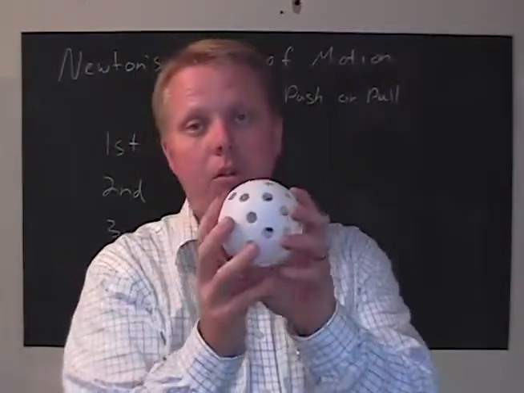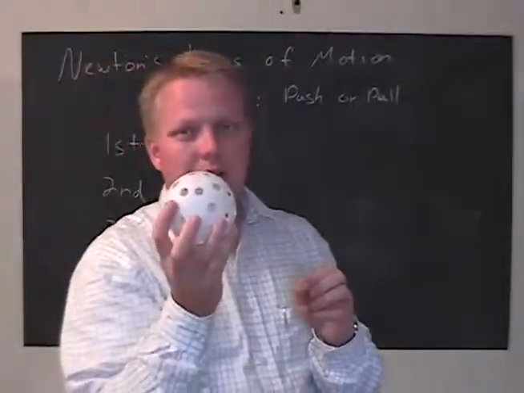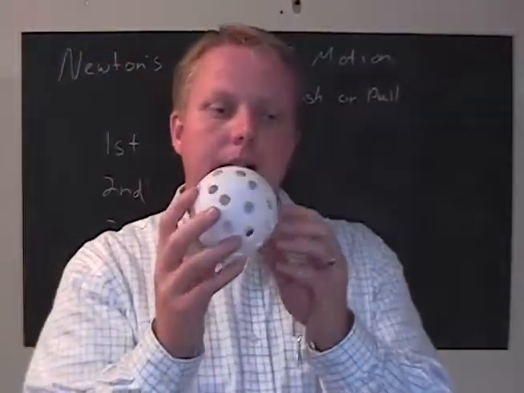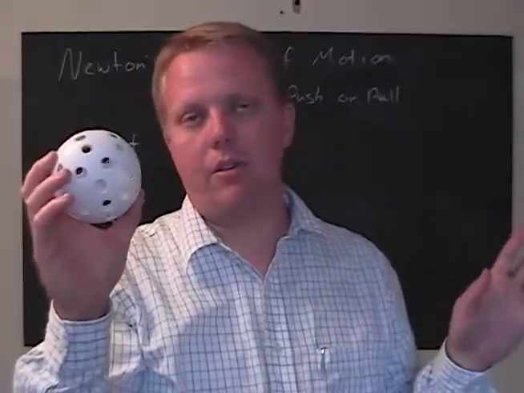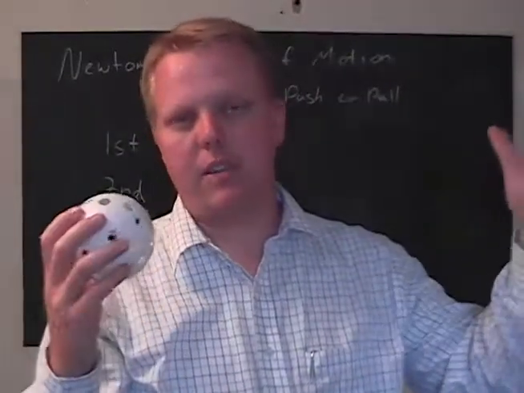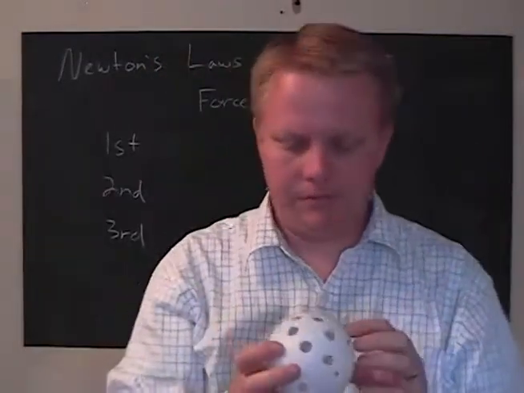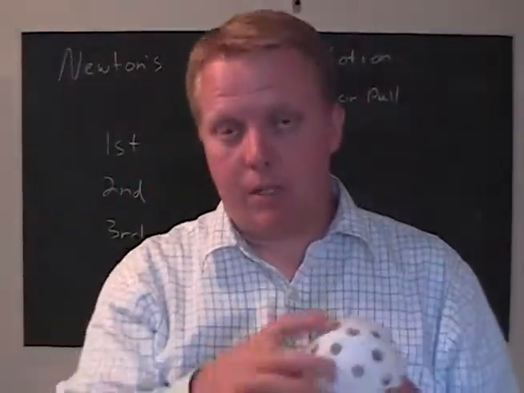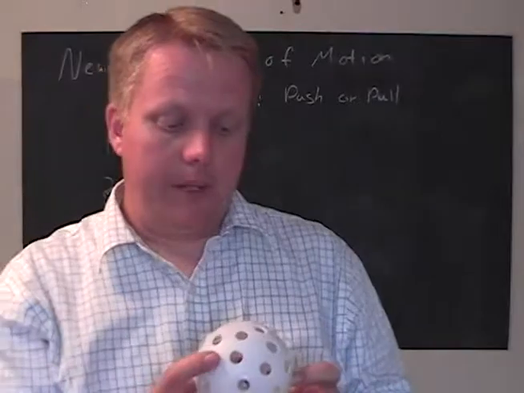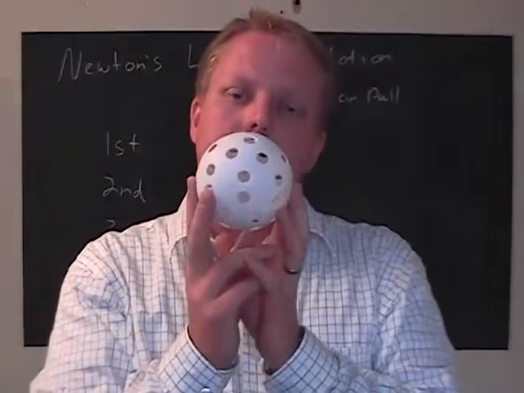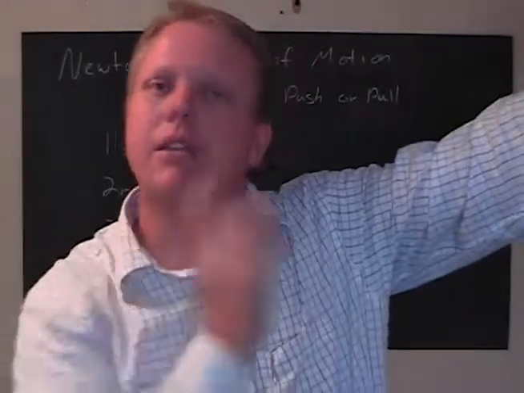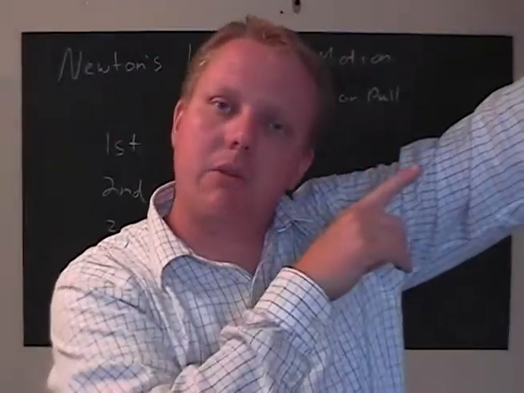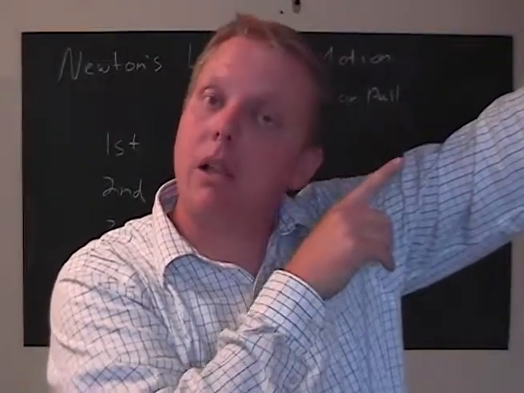Now, the other thing about Newton's first law, not just things that are stationary, but let's say that it's sailing along out in space. We have to say out in space because on Earth, gravity and air tend to mess things up. Trust me, you don't want to worry about air yet. Anyway, take this object, and if I throw it, it'll try to keep going at that same speed in the same direction until another force acts on it, another unbalanced force.